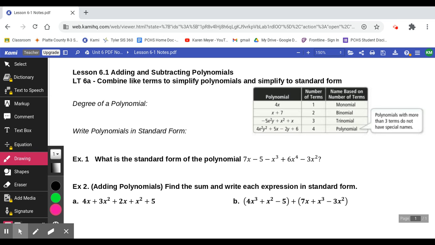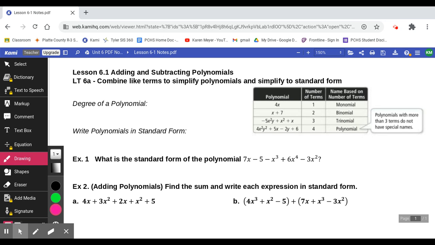And then if you look at the third row, you're going to notice that there are three terms because there's two plus or minuses separating them. And anything with three terms is called a trinomial. And then once you get past three terms and you get into 4 terms, 5 terms, 6 terms, etc., then we just call that a polynomial.